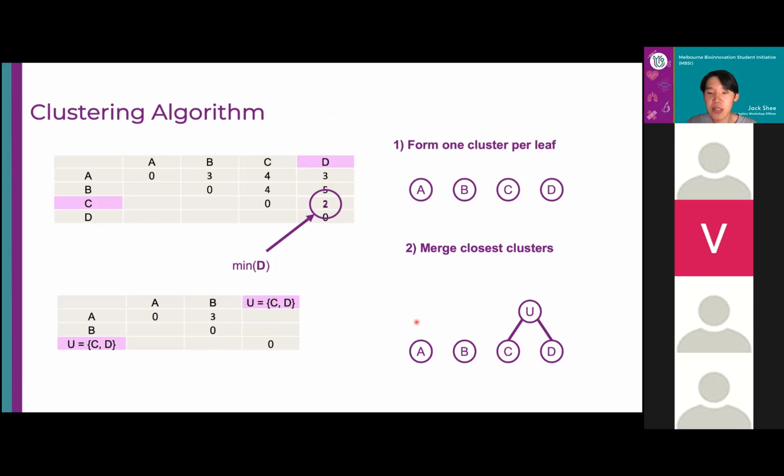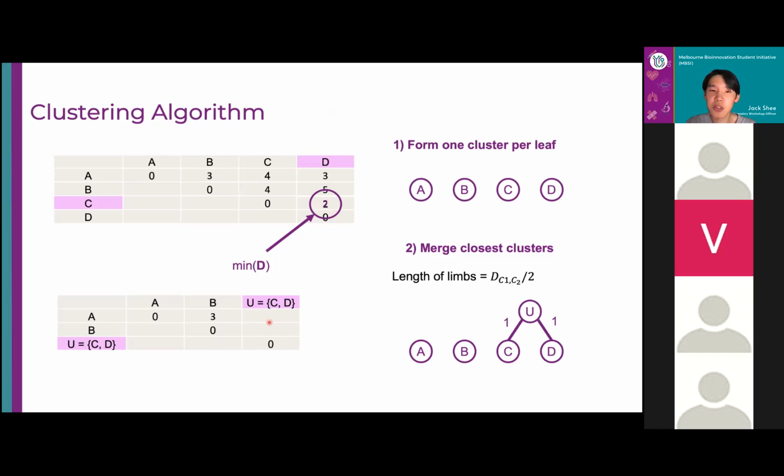And now we need to think about how we are going to compute the lengths of the limbs. So remember that the limbs are the branches of the leaves connecting to their parents. And this formula here simply says that it's going to be half of the distance between those two clusters, which we just got from the distance matrix. So that means we have a branch length, or a limb length, of 1.